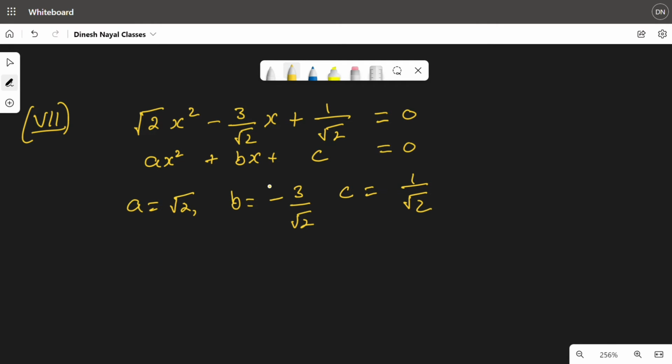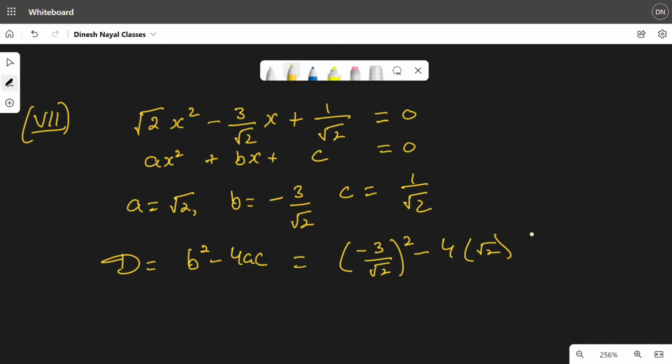Now applying the formula d equals b square minus 4ac. See, what will be b square? B square will be minus 3 by root 2 whole square minus 4 into root 2 into 1 by root 2.